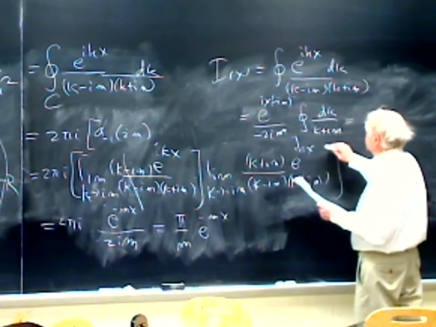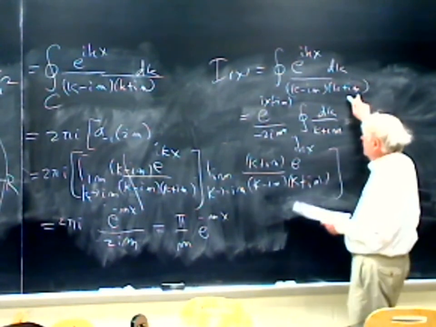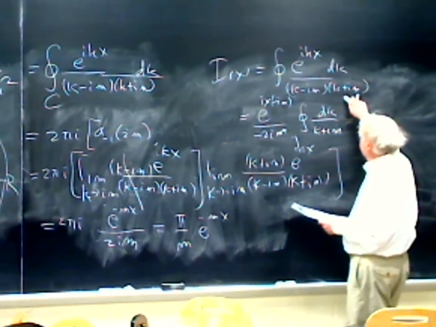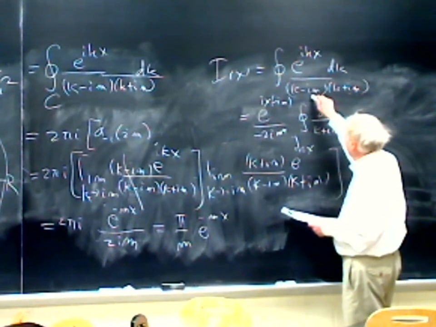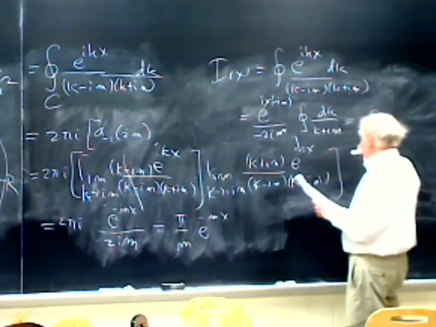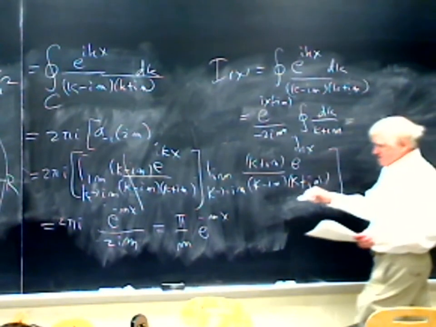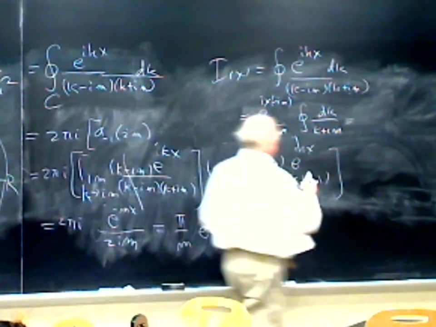Oh, I'm sorry, this is the one that I had to pull out. All right, wait a second, I'm getting confused now. This is the one that's singular. We pull that one out. We have k plus im. Oh, the integration is clockwise rather than counterclockwise, so that gives us a minus sign.